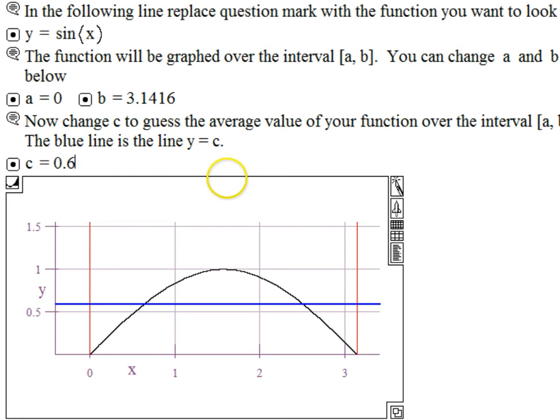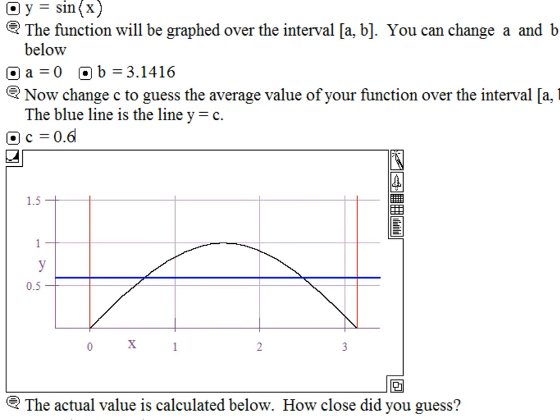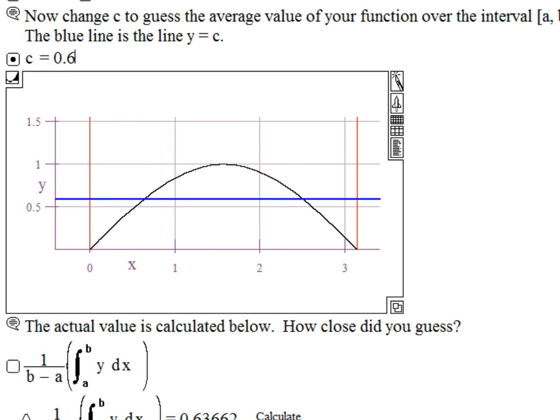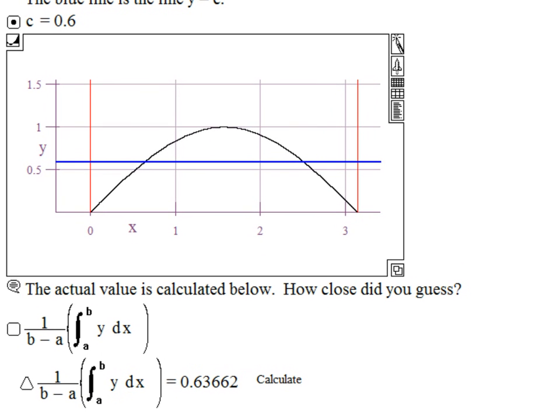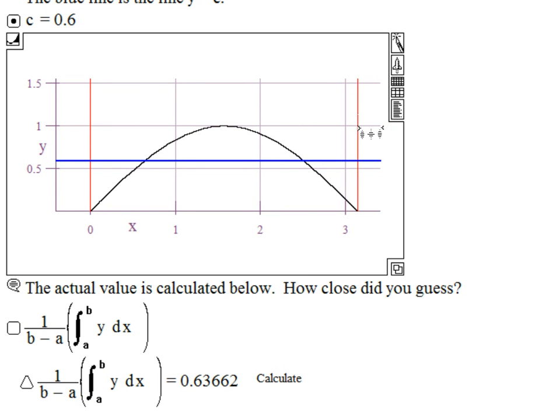Anyway, what is the actual value? Well, the actual value is determined by this calculation. I'm integrating the y value dx from a to b and then dividing by the length of b minus a.